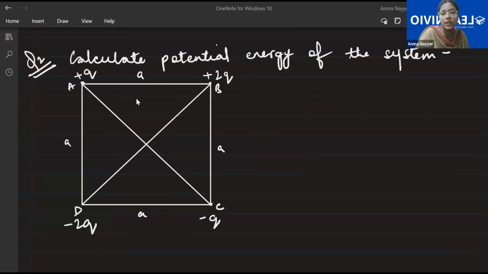But we have to have extra classes now. At least 3 classes per week is required so that your syllabus accelerates. Current electricity is not a very big chapter, but if we get a good practice of the circuits and everything, it will give you good confidence for solving any questions of circuits. So I really wish if we can have the classes 3 days per week.